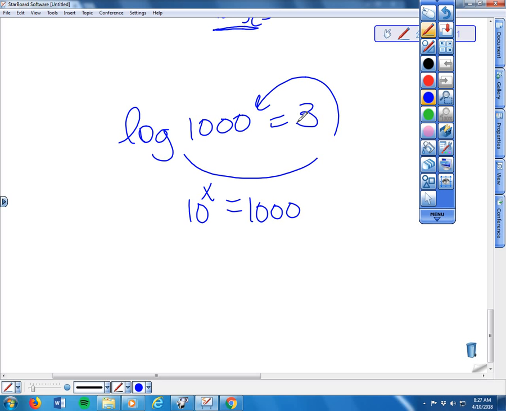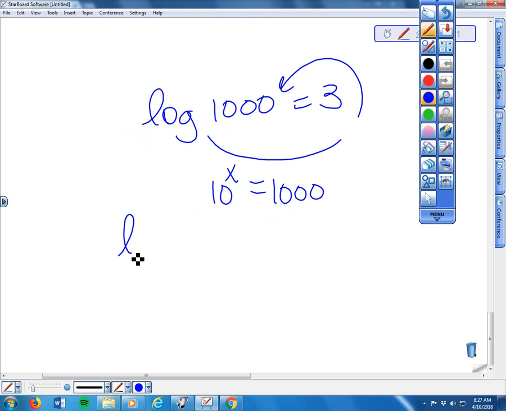Let's do another one. Log base 2 of 32. What is it asking in words?